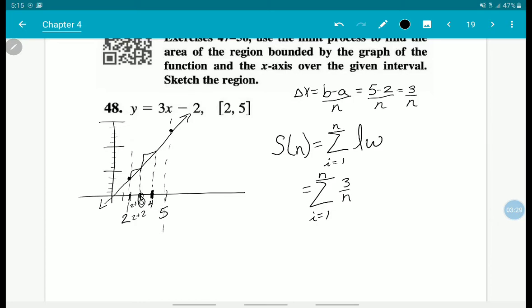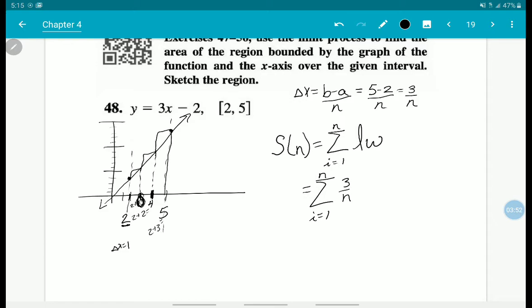And then to get to that value of 5, it would be 2 plus 3. So you can see how we can start here and get to whatever this x value is by adding increments of delta x, if delta x were 1.